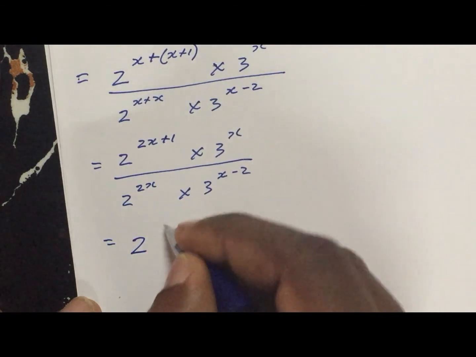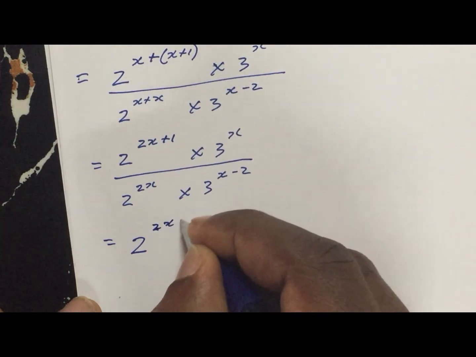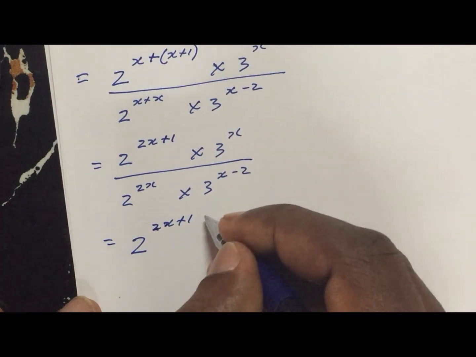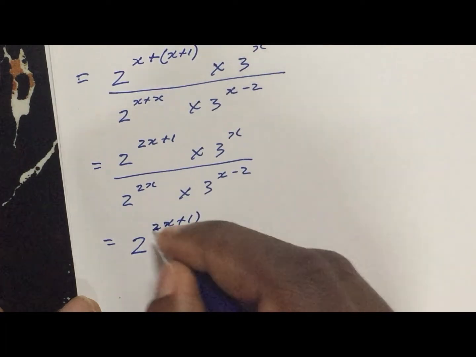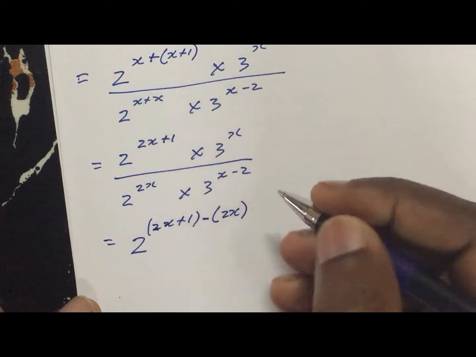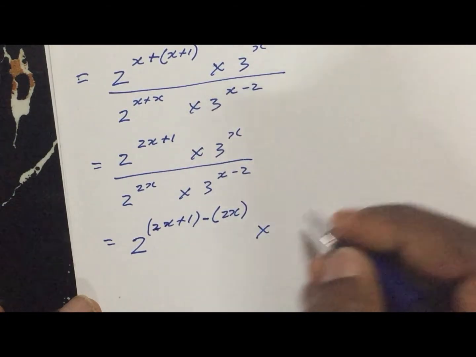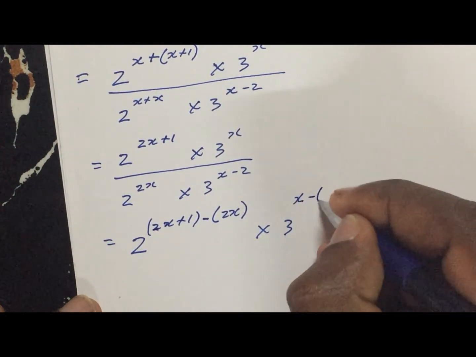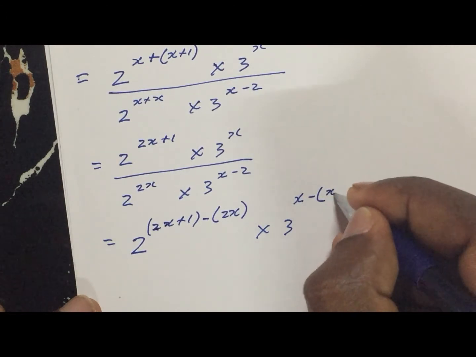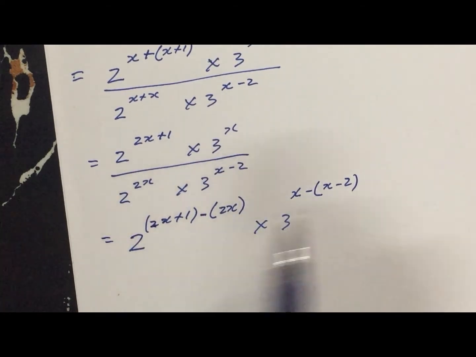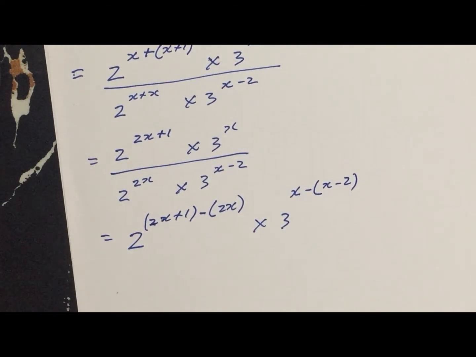We have 2 to the 2x plus 1, let's bracket this for simplicity's sake, minus 2x, multiplied by 3 to the x minus, what? x minus 2. So then now we must further go to simplify this. So what do we do here?